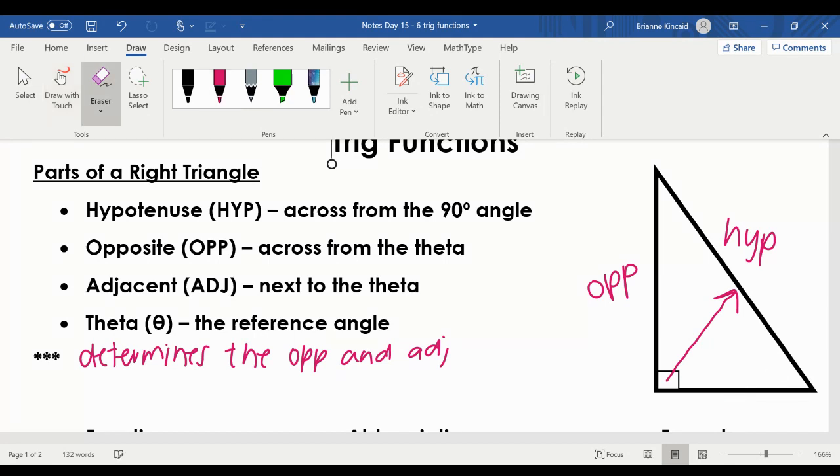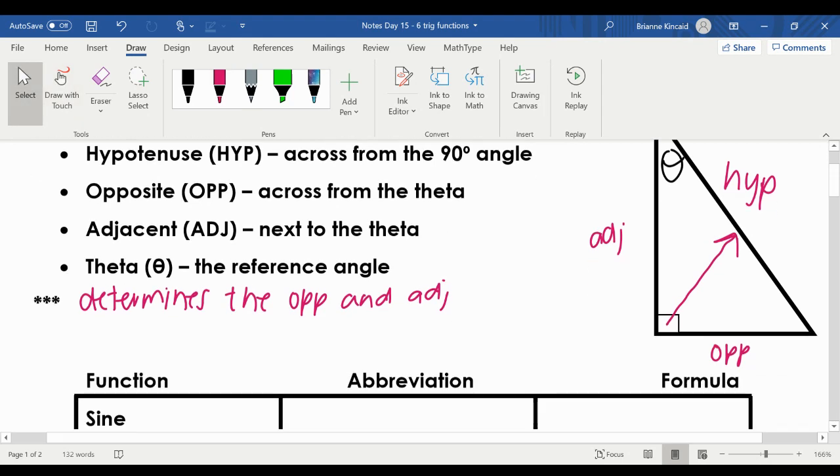Now, if I were to switch this around and put my theta in the top corner, now this horizontal side is my opposite and the vertical side is my adjacent. What you'll notice, hypotenuse is never changing, but theta will determine where the opposite and the adjacent are.